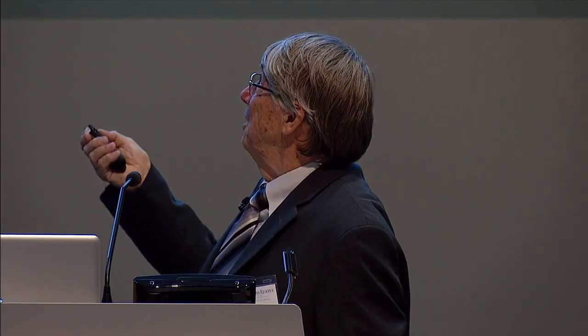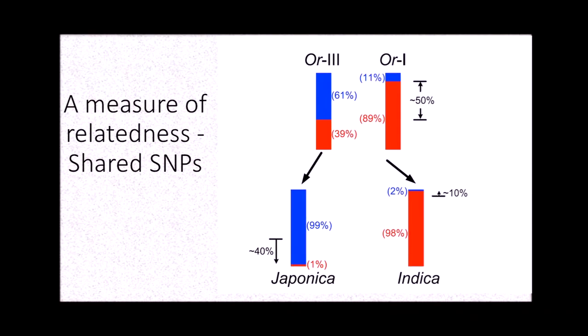So now I'm going to get into some complicated molecular biology. SNPs are where you have a single nucleotide. Rice has about 600 million nucleotides in the genome. That's how many specific ones they have there. And an SNP is one of those which is different between 2 varieties.